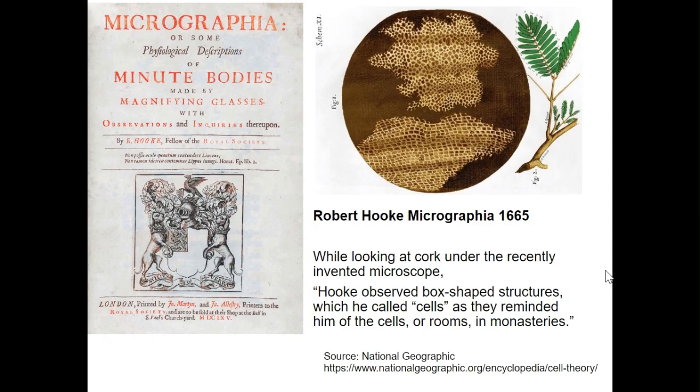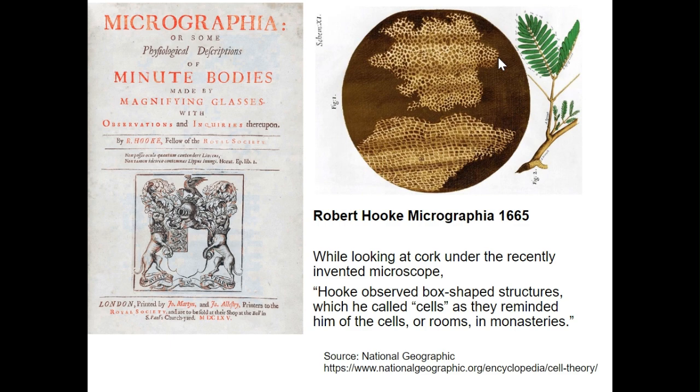Okay, so one of those explorers is Robert Hooke, and he, in fact, gave us the word cell. So previous to Robert Hooke, we didn't have a way to describe the teeny little things that made up bodies. But here's a picture of cork. So cork is a type of tree, and the cork that might be used to cork a wine bottle or the bottom of shoes or cork boards, is taken from the bark of this tree.